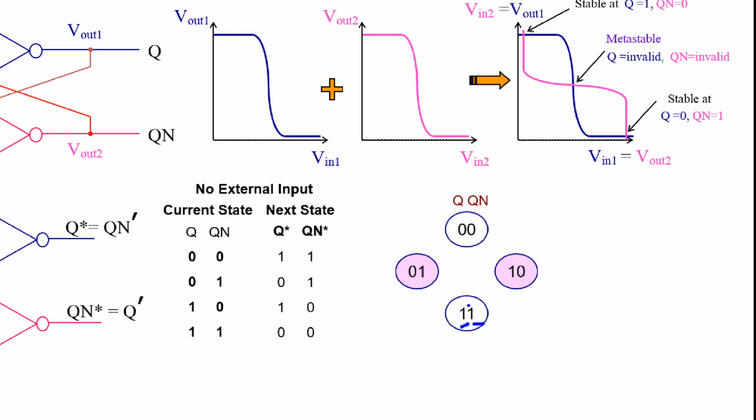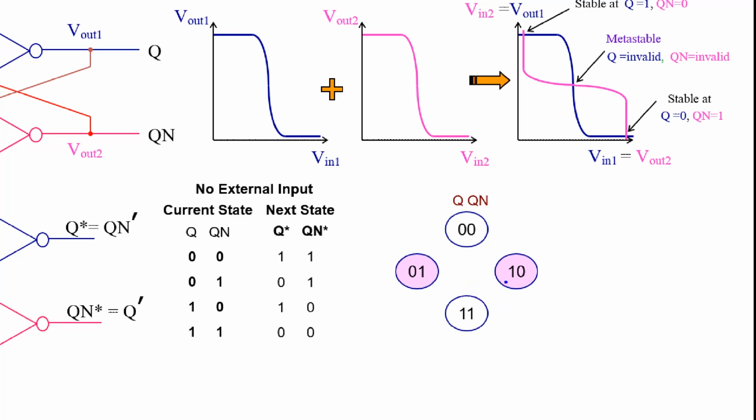If the two bits change to 0, 0 at the same speed from 5 volt to 0 volt, they meet at metastable and become unpredictable. If this bit changes to 0 faster than this bit, it becomes 0, 1 and stays steady there. And if this bit changes to 0 faster, it goes to 1, 0.